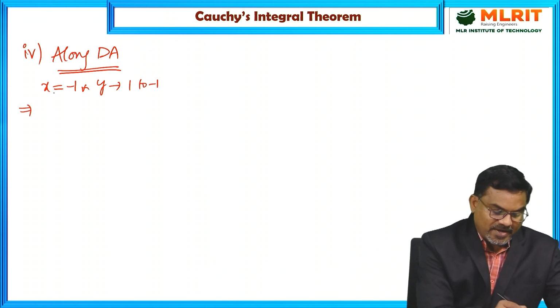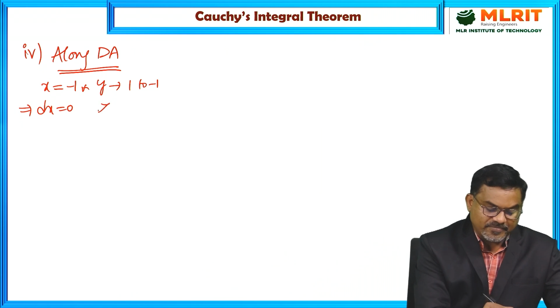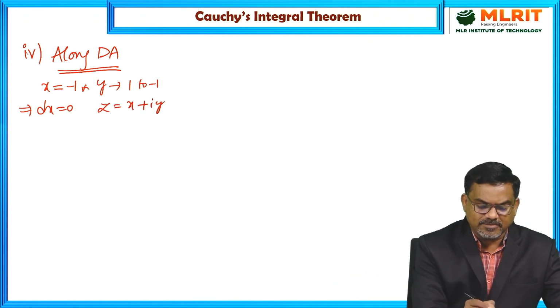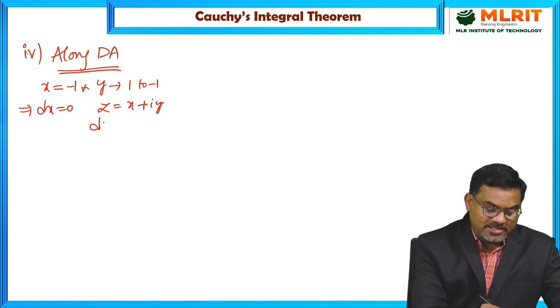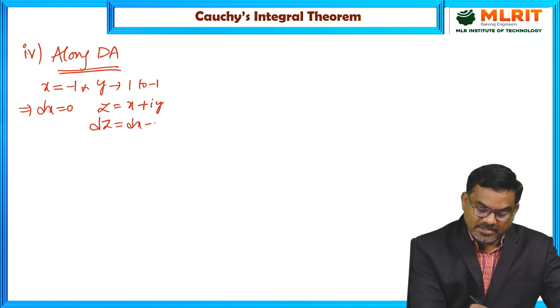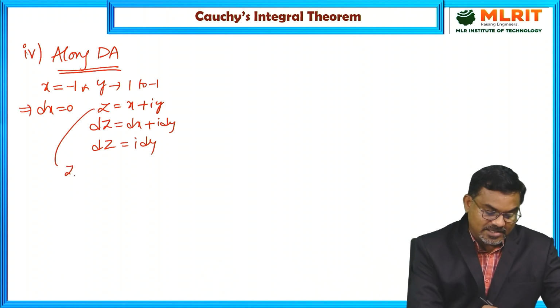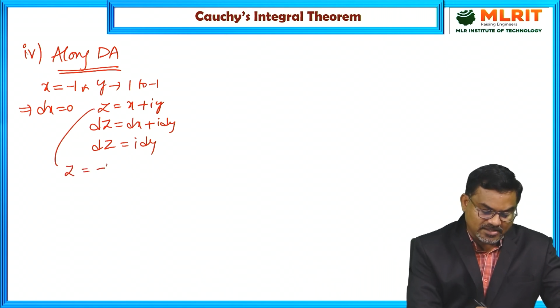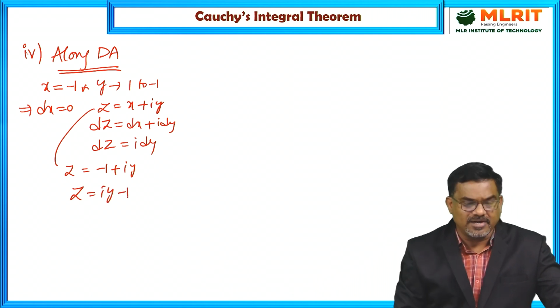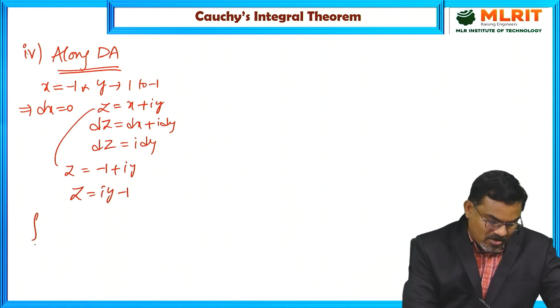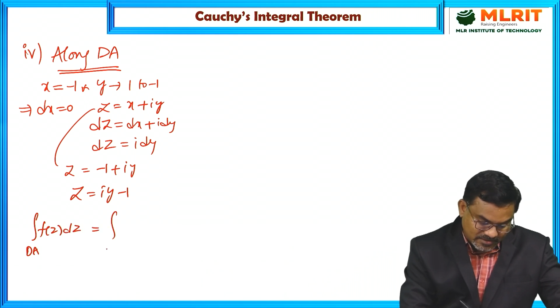Now, if x is minus 1, dx will be 0 and z is x plus iy. The same story repeats. dz equal to dx plus i dy, but dx is 0. So dz is i dy and z is minus 1 plus iy. So we can consider iy minus 1 as z, and along DA the integral of f(z) dz is with y from 1 to minus 1.